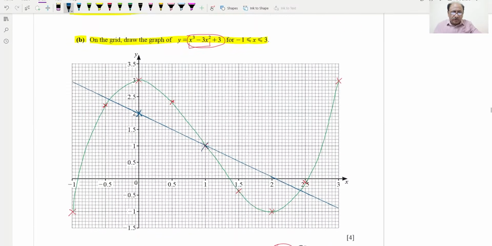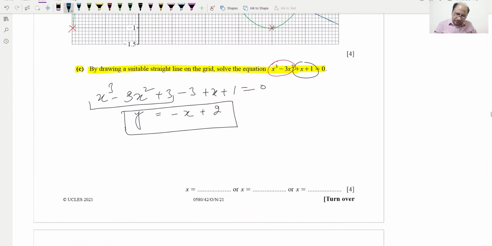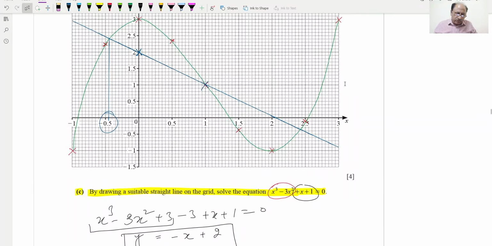Okay, so we have drawn this, and now we will be writing the points, basically the x-intercepts. First of all, the first intercept will be this one, the x coordinate will be minus 0.4. So we can write here minus 0.4. This will be one solution, and the second solution for this one is 1.